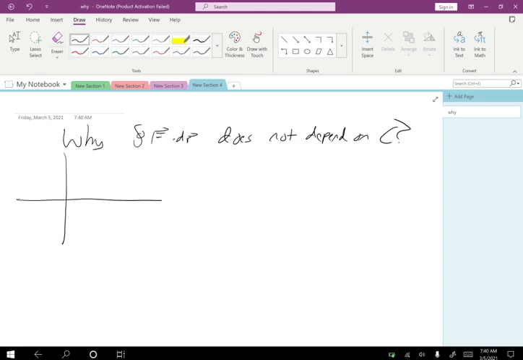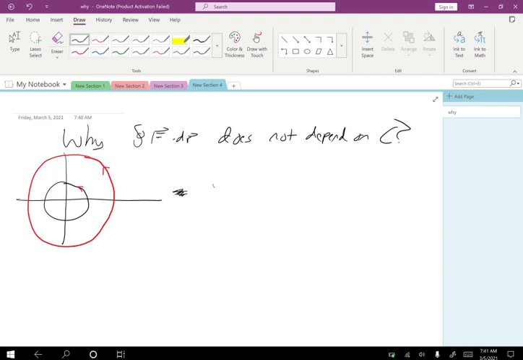Here's the answer. I'm just going to do 2 circles just to illustrate what's going on. It'll basically come down to Stokes' theorem on 2 different surfaces.